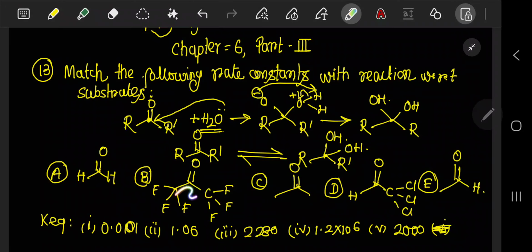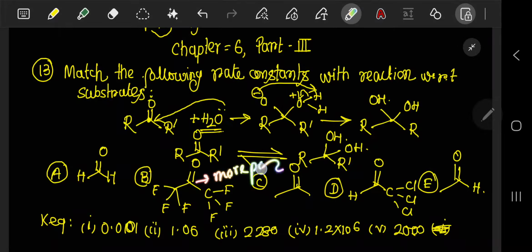And here you can see that there are 6 fluorine groups attached with the carbon, and that carbon is attached directly to the carbonyl carbon. So all of the fluorine groups are withdrawing the electron density from this carbonyl. This is getting more positive, and nucleophile likes the more positive part.